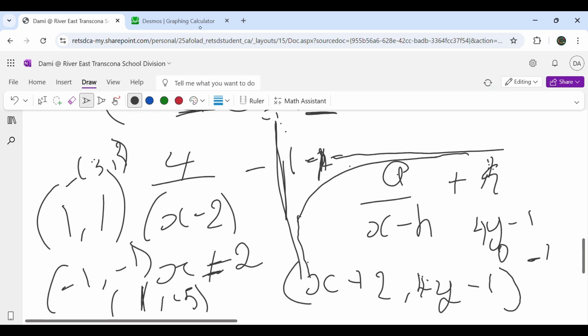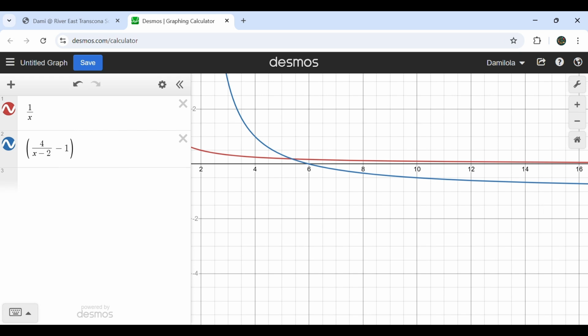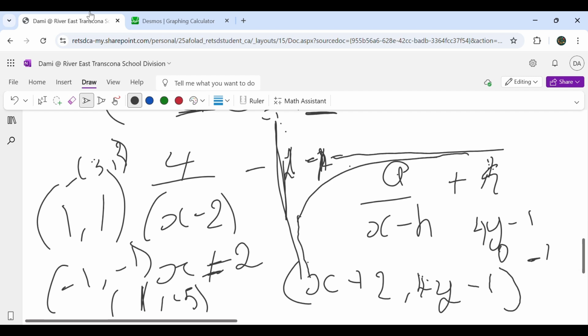Same thing with this one, it's 1, negative 5. Sorry, this side is negative 1, not 2, and this side is 2. And yeah, we saw how different transformations work, so try looking for equations and solving them on Desmos.